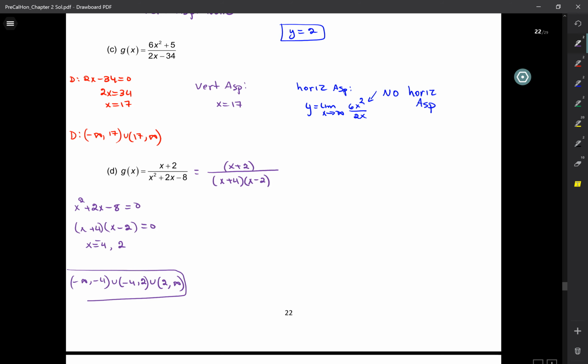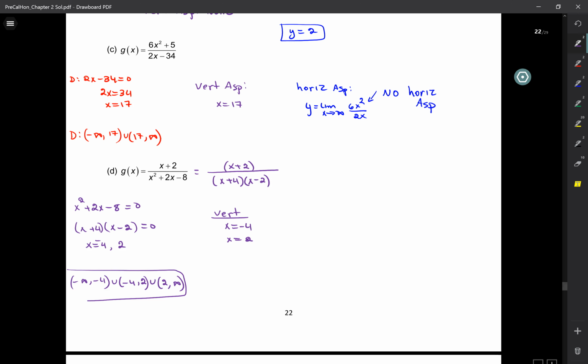All right. Well, what about the vertical asymptote, though? Well, now you have to see. Is there anything here that cancels? Well, it turns out there isn't anything that cancels. So both of these qualify as vertical asymptotes. So you have vertical asymptotes at x equals -4 and at x equals 2.